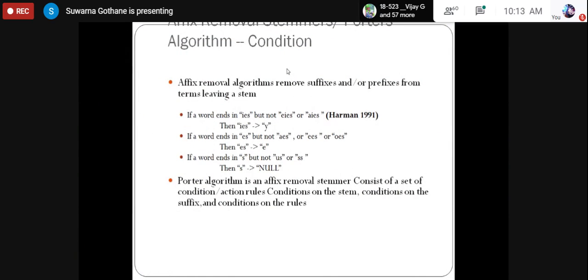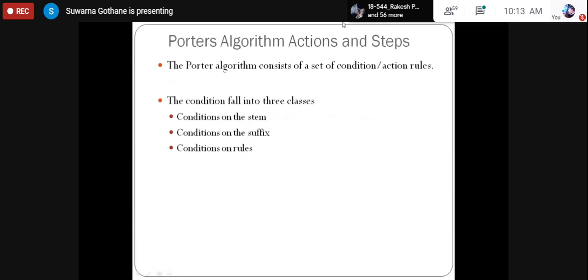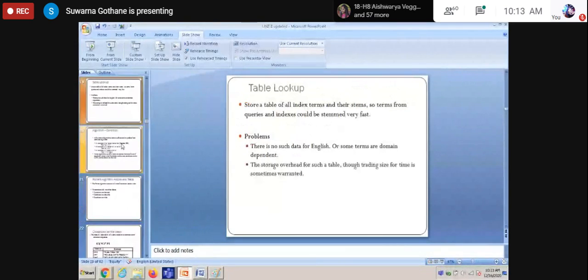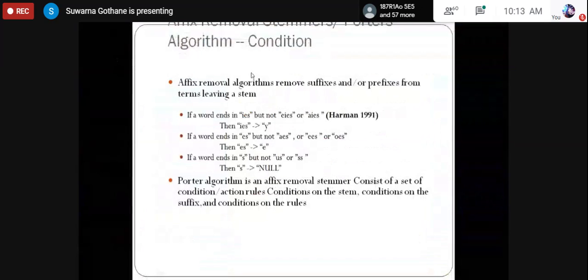How does this Porter stemmer work? How does this algorithm work? The Porter stemmer is the name of the algorithm, which has certain actions and steps on which it works. In this Porter stemmer, certain logic is applied.